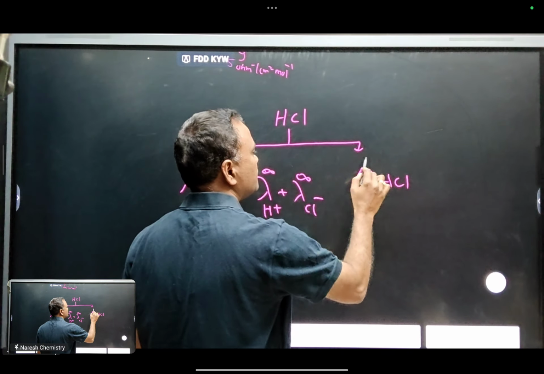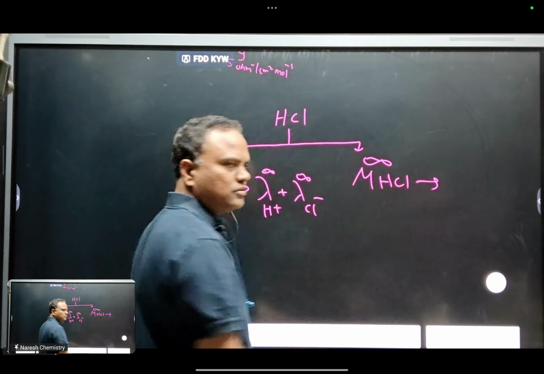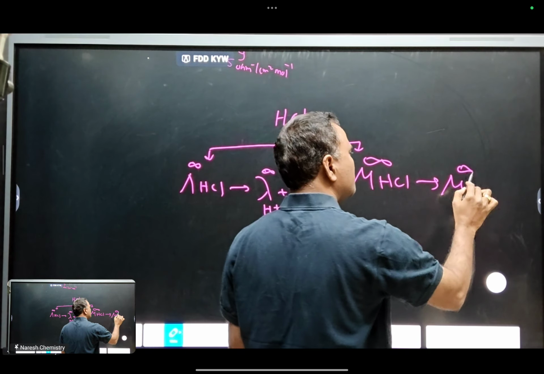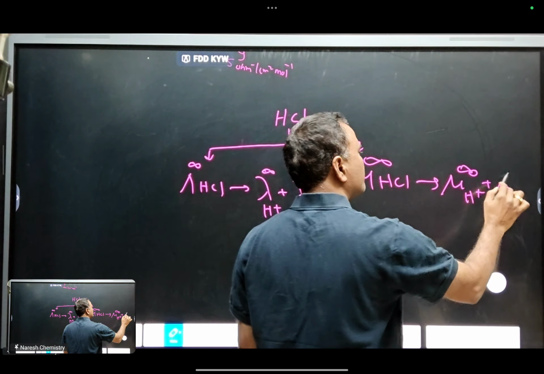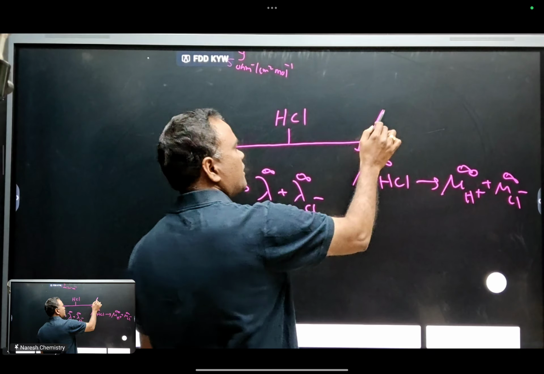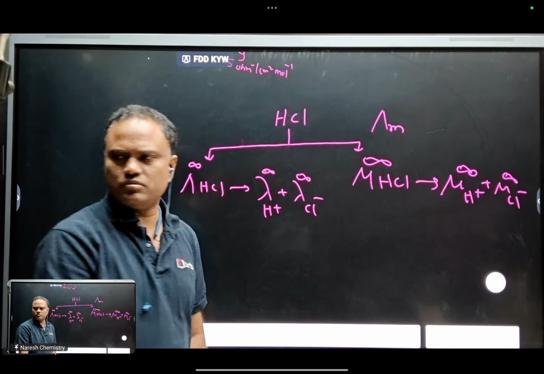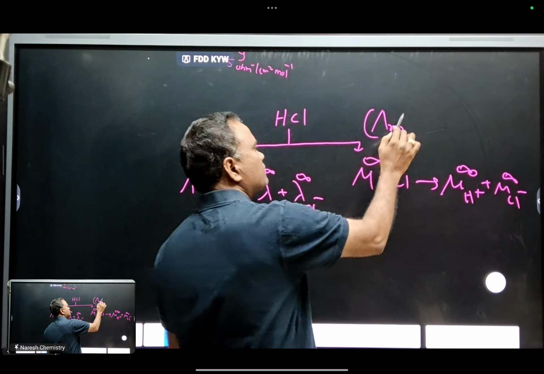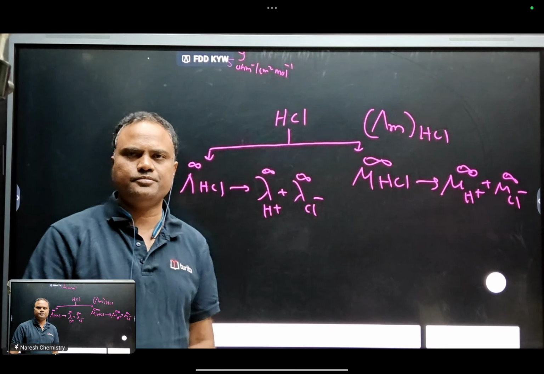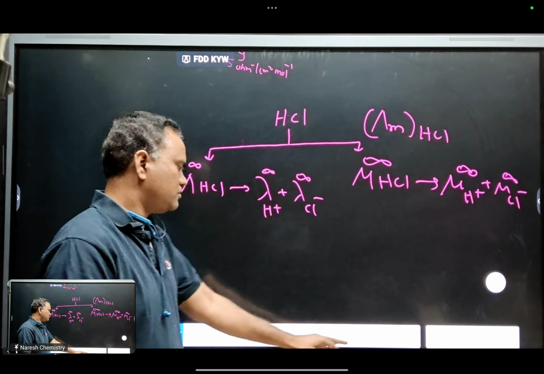Mu HCl is equal to mu infinity H plus and mu infinity Cl negative. Molar conductance symbol is lambda m. You can take like this also, lambda m HCl.